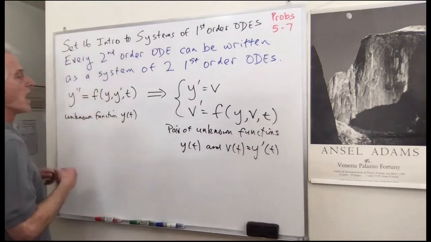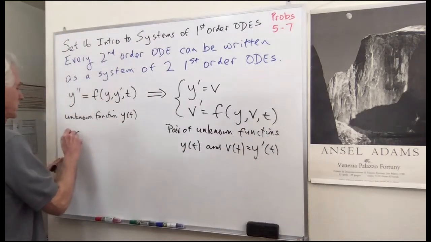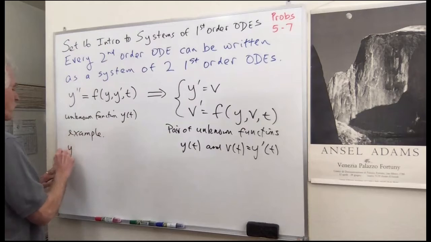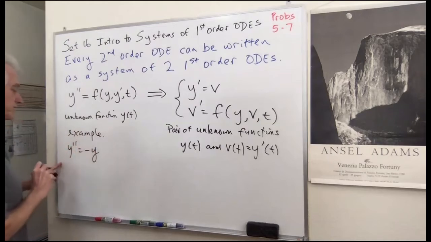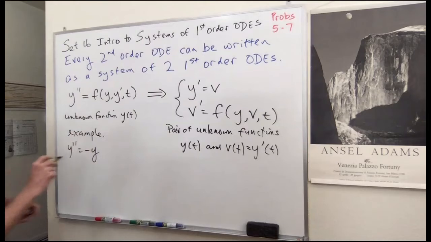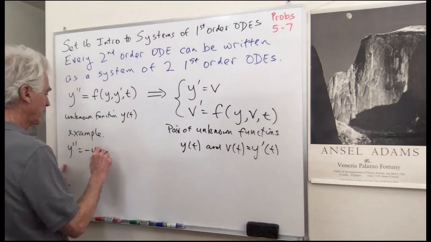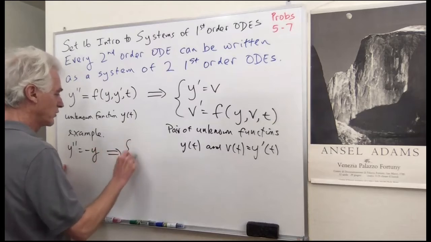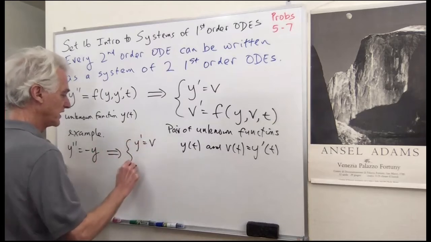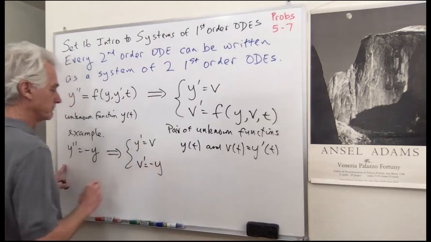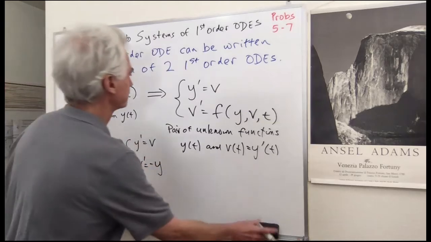Let's do an example. If we have y double prime equals minus y, I can write this as y prime is v, v prime is minus y.